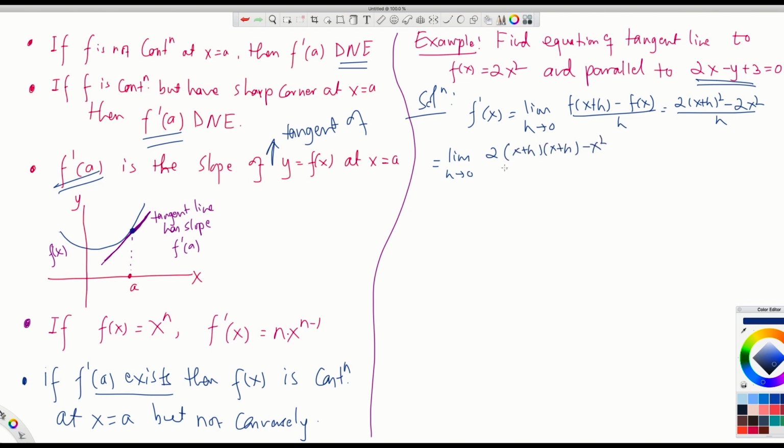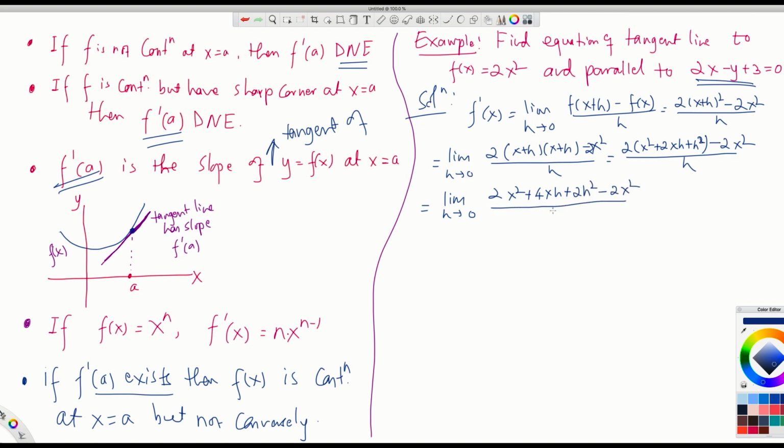Let's FOIL that. It is 2 times (x squared plus 2xh plus h squared), minus 2x squared, divided by h. So the limit as h tends to 0 of 2x squared plus 4xh plus 2h squared minus 2x squared, divided by h.